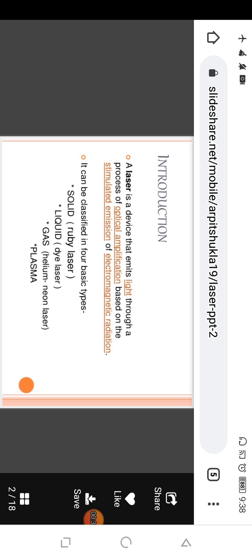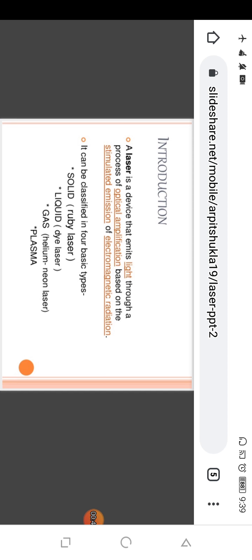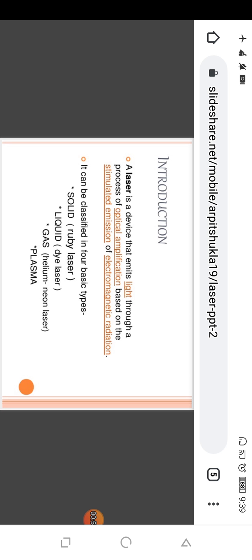And there are different types of lasers like solid state laser, liquid laser, gas laser, plasma laser. The best example of a solid state laser is ruby laser, a combination of aluminum and chromium. Gas laser is a combination of helium and neon laser. So today we are going to discuss about gas laser, helium and neon laser.